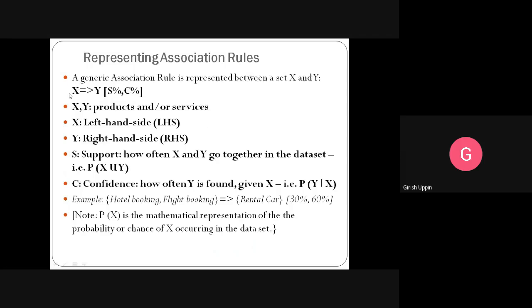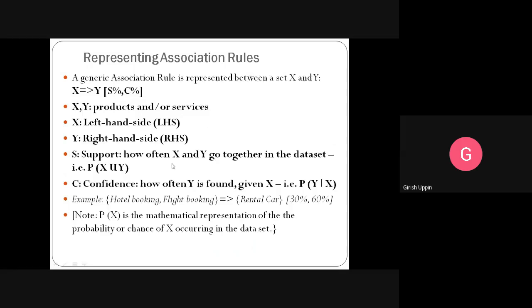X is the left hand side product or service, and this is the right hand side product. So the rule is X implies Y. For example, if a person buys milk, he will also buy bread. So X is milk, Y is bread. And what is the support percentage, and what is the confidence percentage?